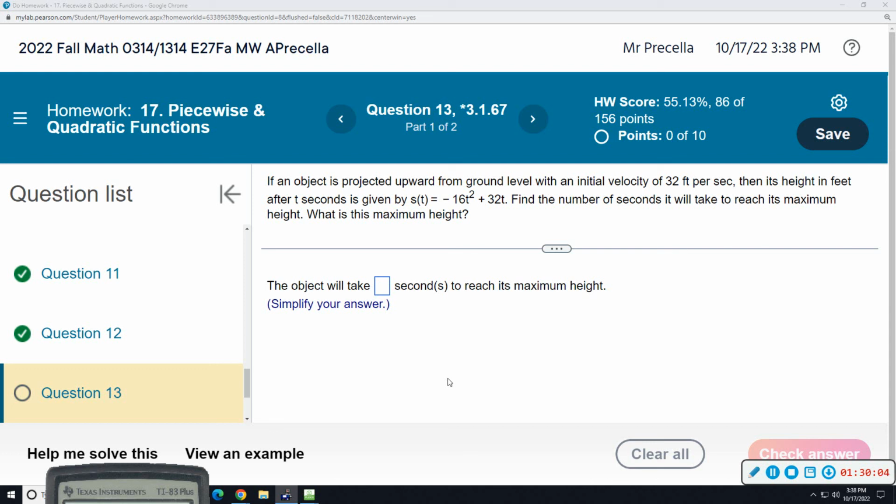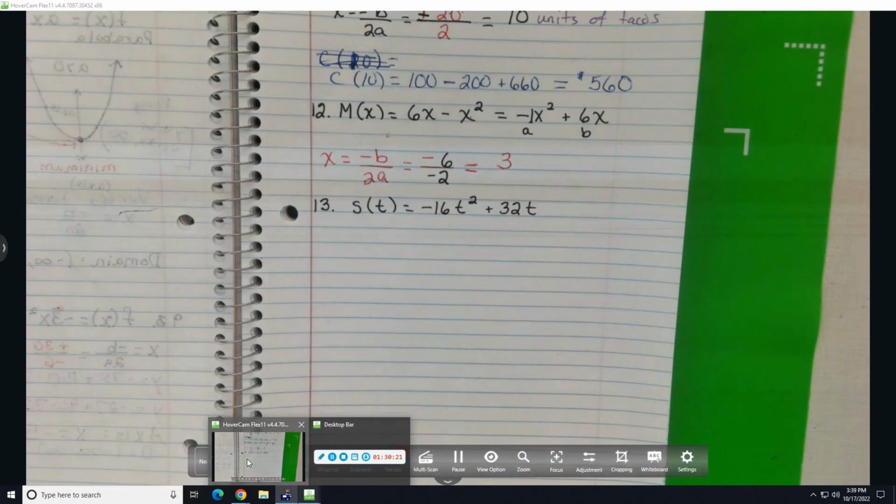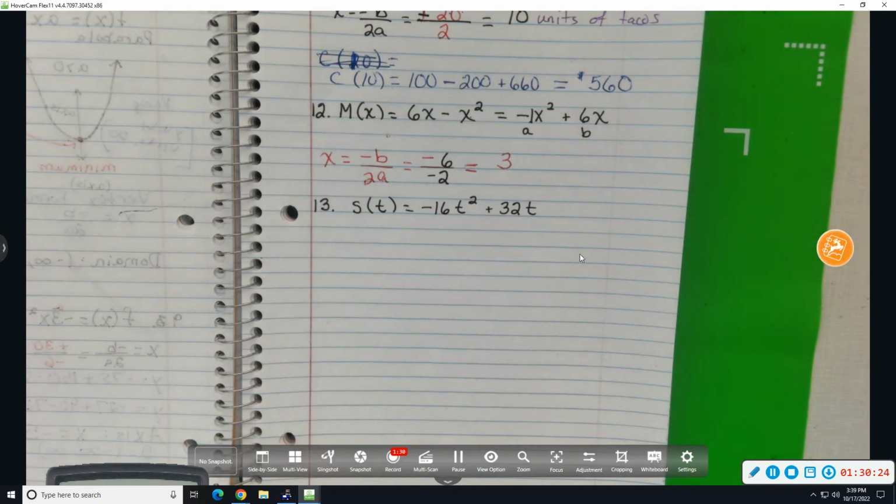Well, it's opening down, so there is a maximum. So we want to find the number of seconds it'll take for the object to reach its maximum height, and then calculate the maximum height. So in words, what am I going to do? Well, find the minus b over 2a and then plug it in.